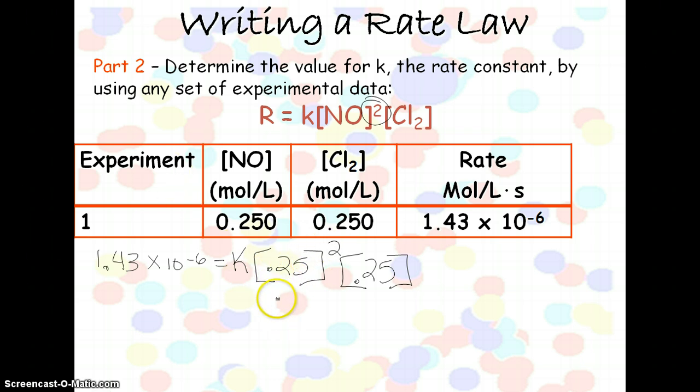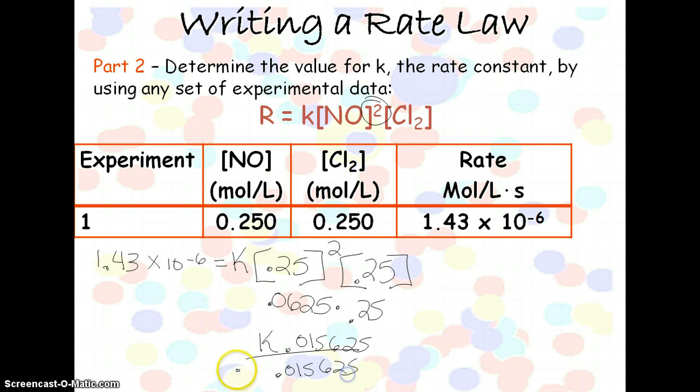All right, 0.25 squared is 0.0625, and then we got to multiply that by our 0.25, and that gives us, let's see here, 0.015625. Okay, and that's multiplied by K, so we got to divide by this number to get rid of it and get K by itself.